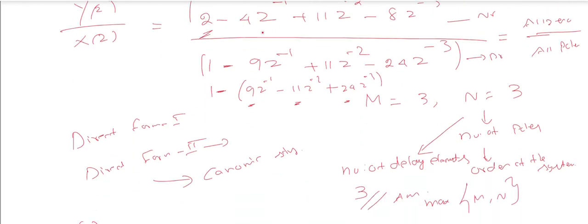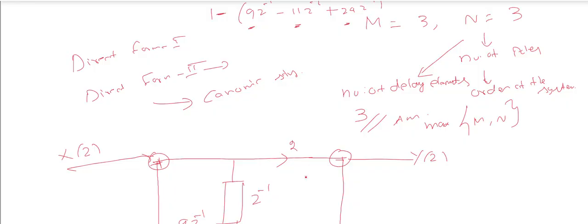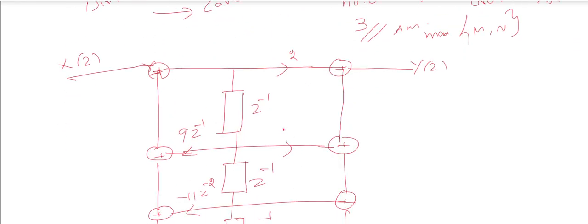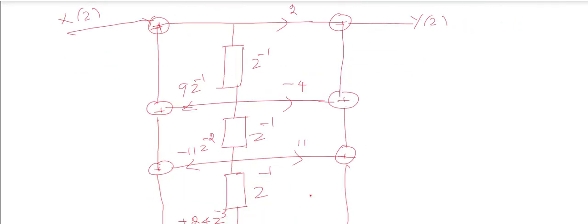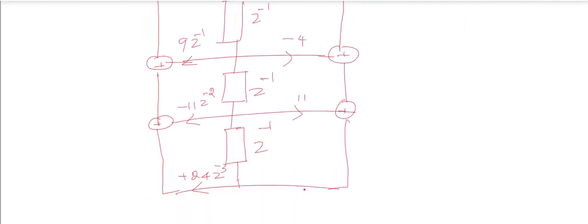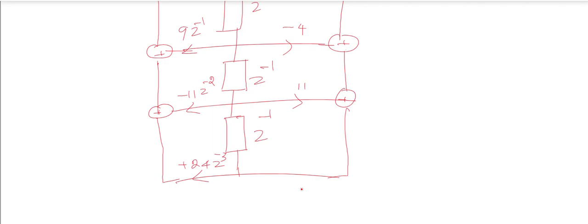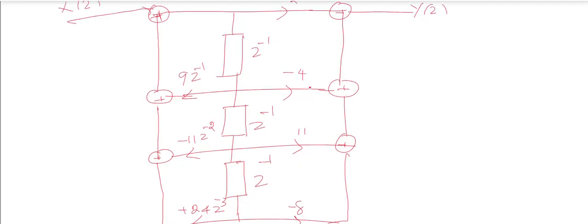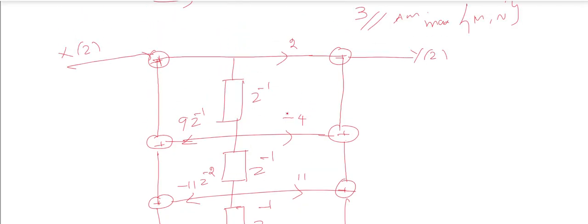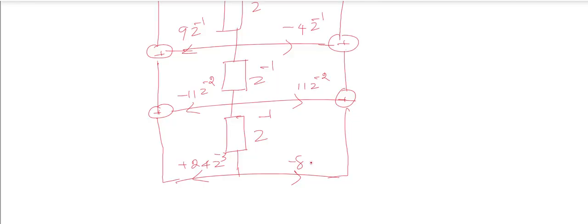This is 2, minus 4, 11, and the last coefficient is minus 8. So 2, minus 4 into z inverse, 11 z minus 2 and minus 8 z minus 3. So these are the terms for Y of z.